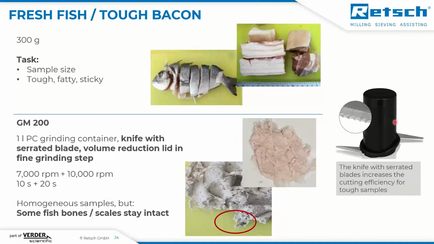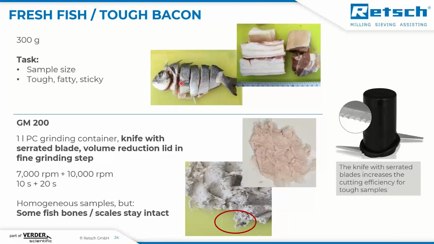So in this case, we change the knife. We take the knife with serrated blades. They look like this here. So it's not just the smooth surface anymore, but it has these serrated blades. And you can imagine what happens. It just tears apart the tough skin. So it's a really nice knife for such kinds of samples.